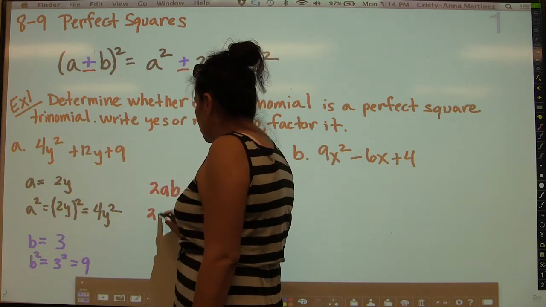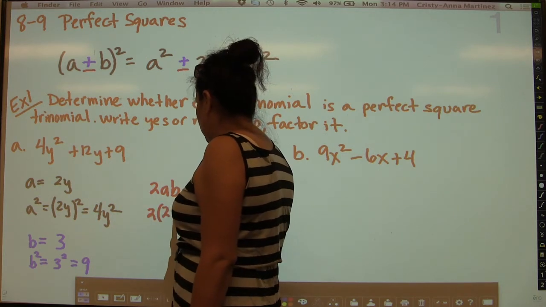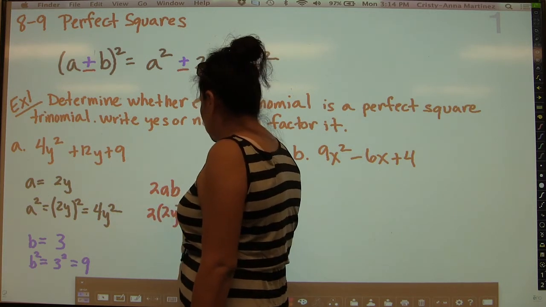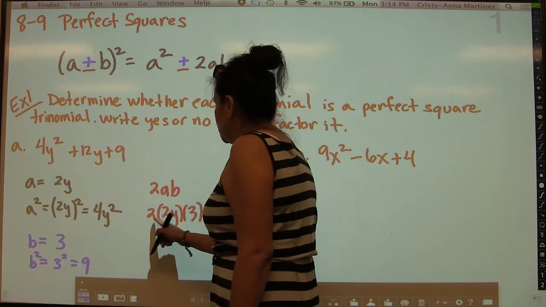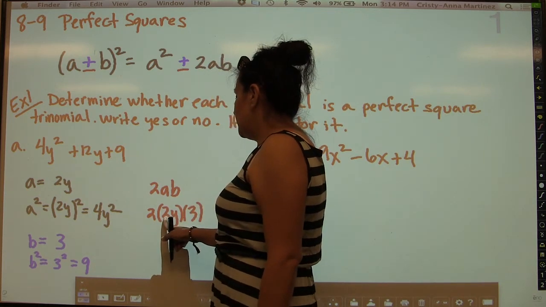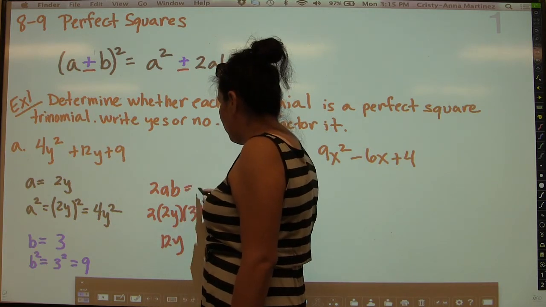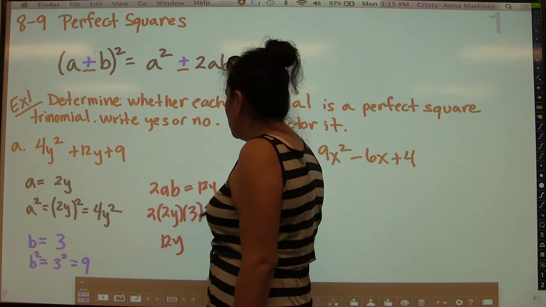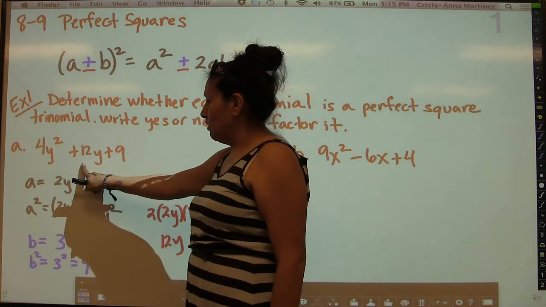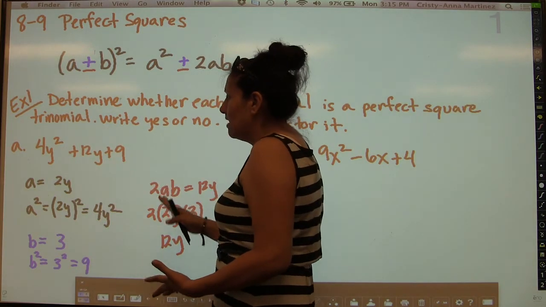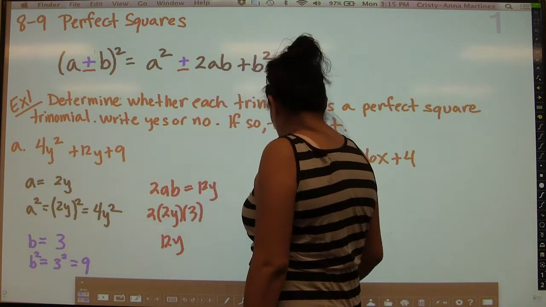So we have 2, our a value is 2y, and our b value is 3. So 2 times 2 is 4, times 3 is 12y. So our 2ab ends up being 12y, which is in fact the middle term here. So this all fits that it is a perfect square trinomial.